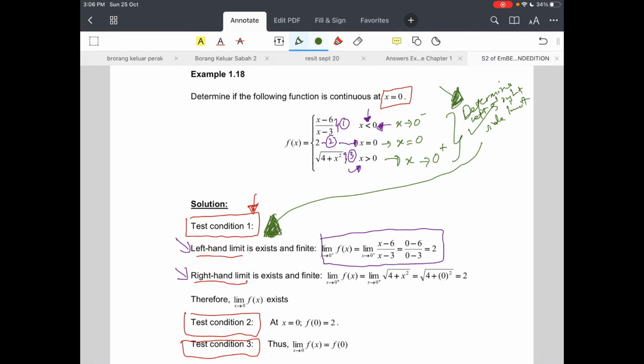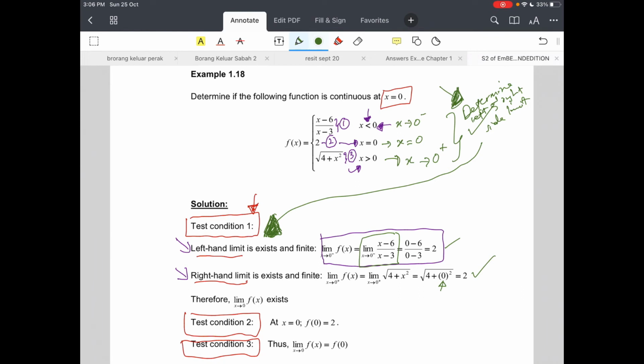Now for the left hand limit, we know we need to use the first function here, so just straight away plug in, you'll get 2. As for the right hand limit, you use the third function here, so when you straight away plug in the value, you will get 2.